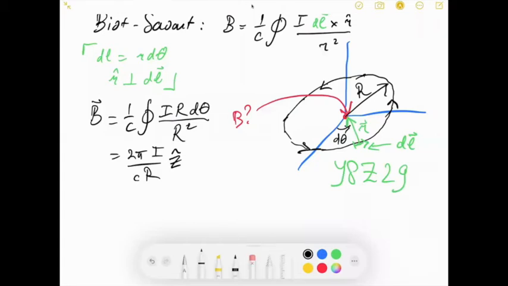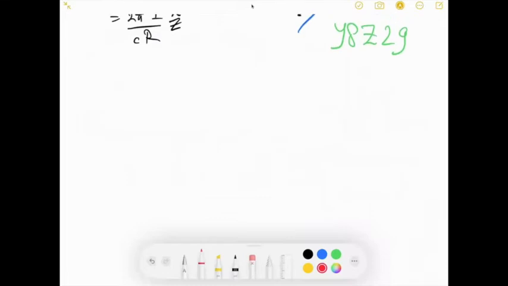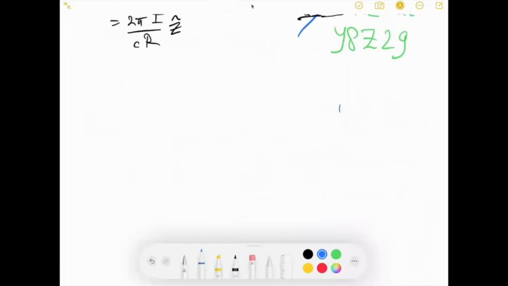Okay, so let's see what happens if we pick a point that is actually not in the center, but is here. In that case, the setup is a little bit different. So I'll draw the thing again.